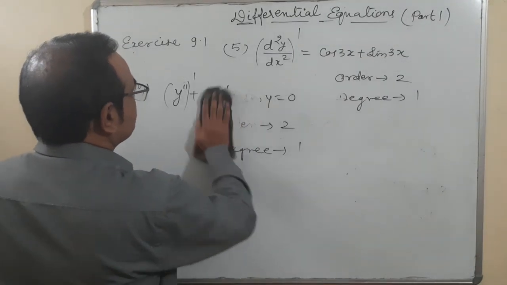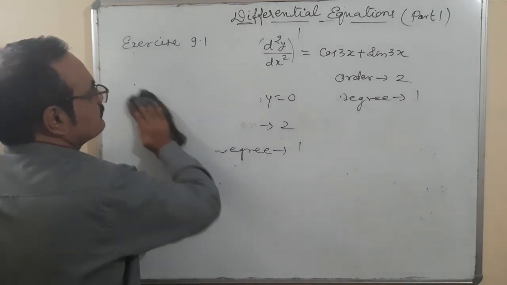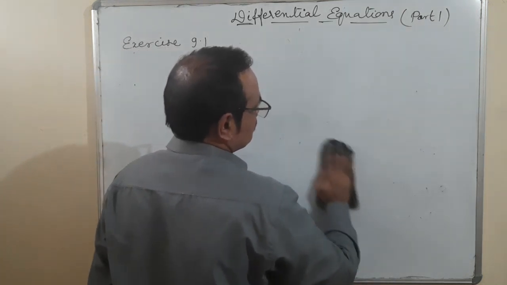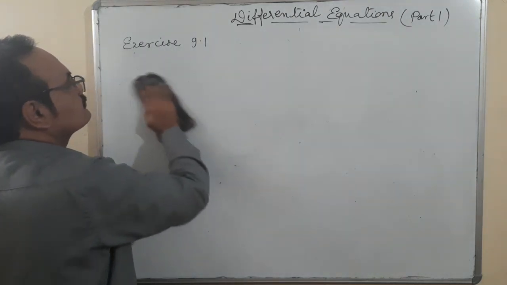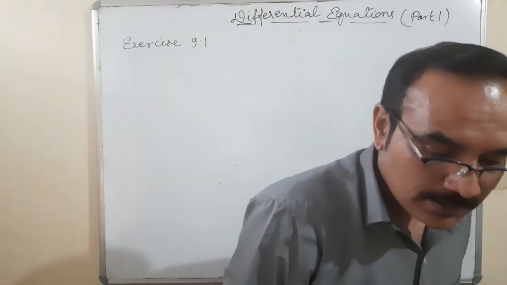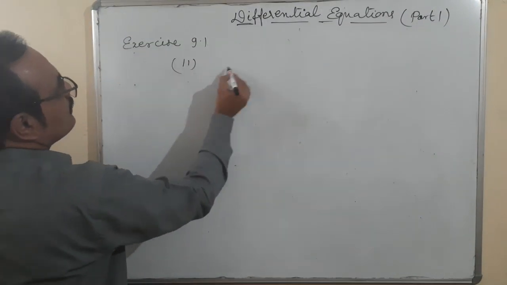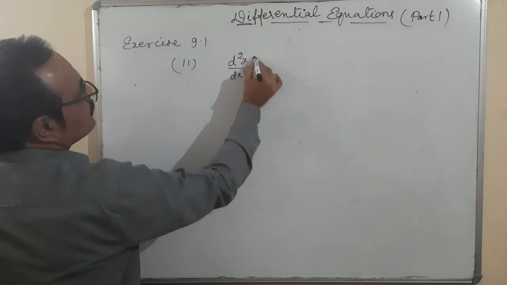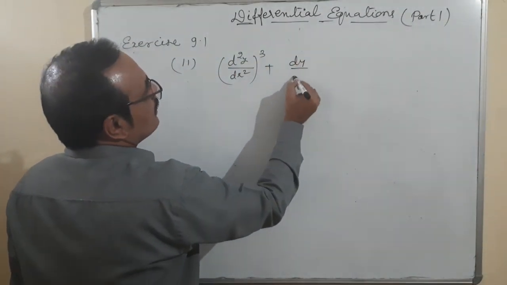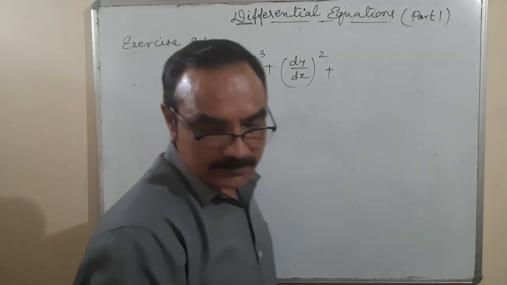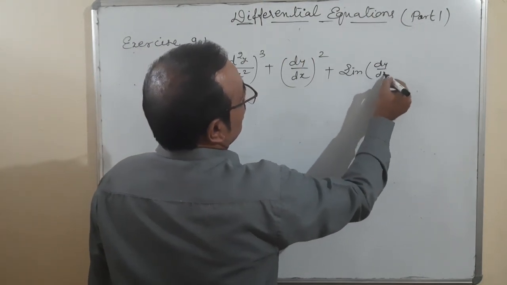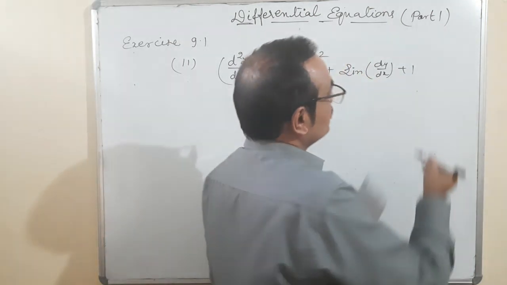Question 11: (d square y by dx square) to the power 3 plus (dy by dx) to the power 2 plus sin (dy by dx) plus 1 plus 1 is equal to 0.